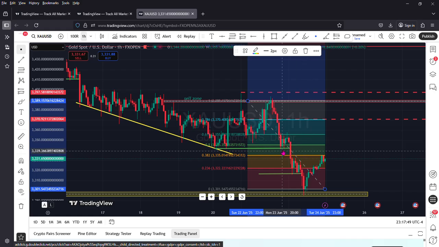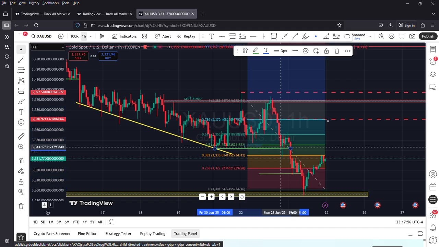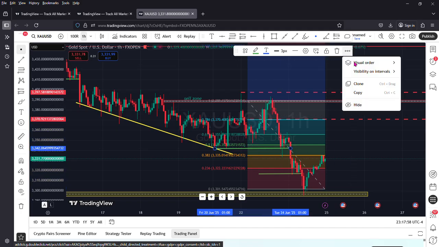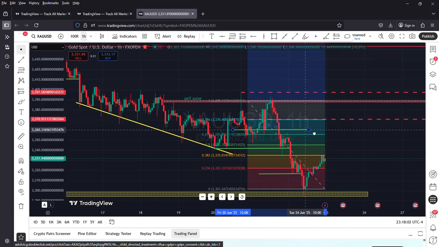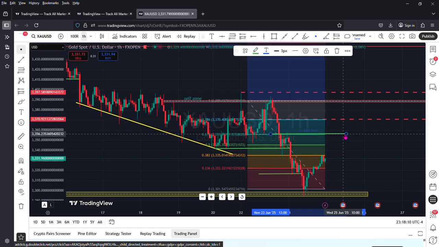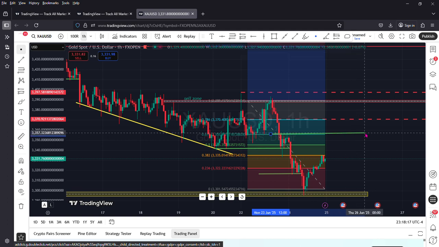Fib 0.5 is here. This is the Fib 0.5 level.